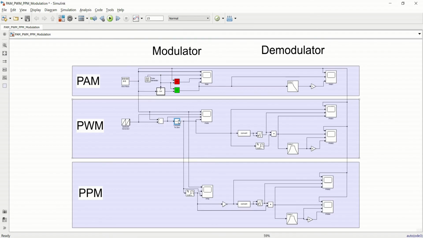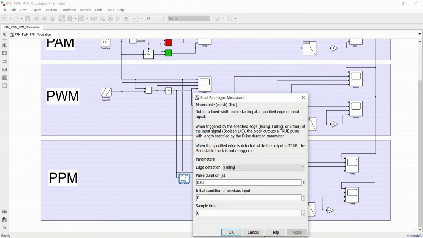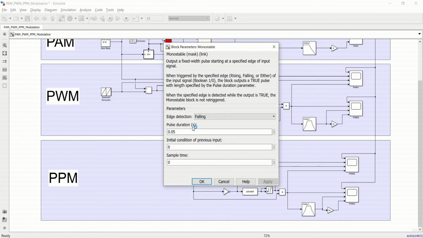Now we take the output of this comparator and plug it into a monostable with a pulse duration of 0.05 second, and the edge detection is falling.